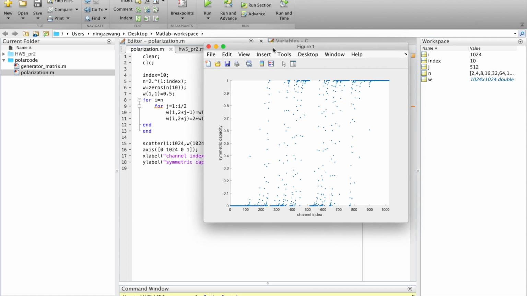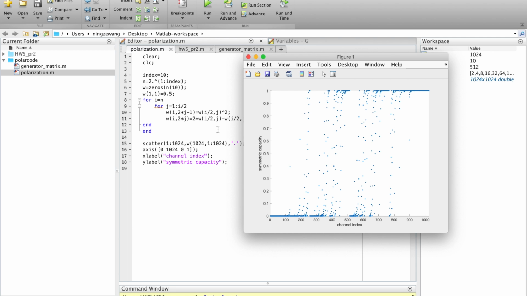Here I choose the big N equal to 2 to the power of 10. We can see that some of the channels have channel capacity 0, and some of them have channel capacity 1.